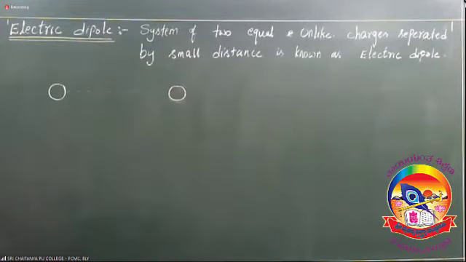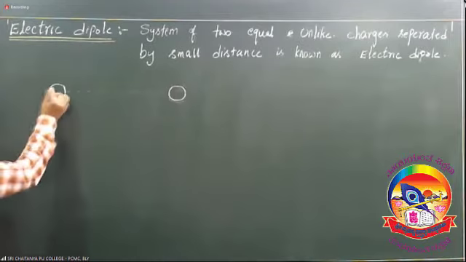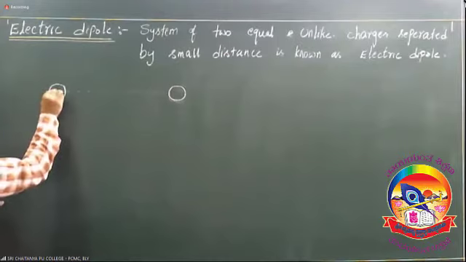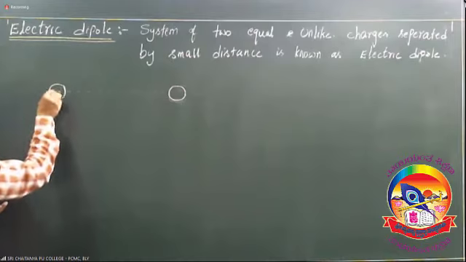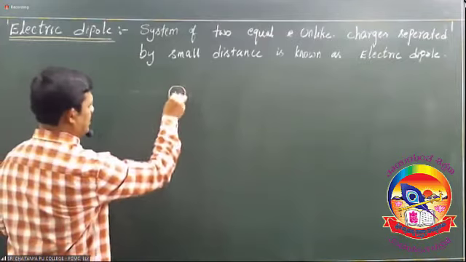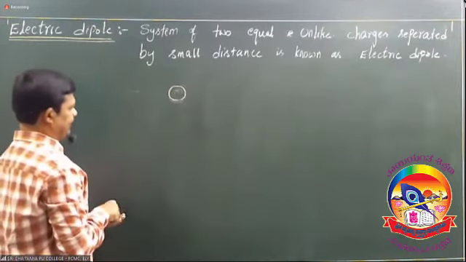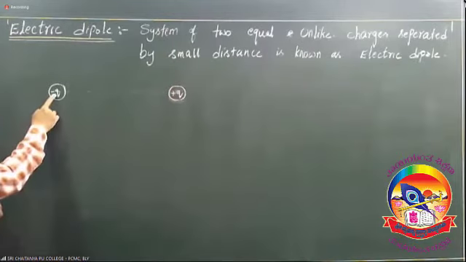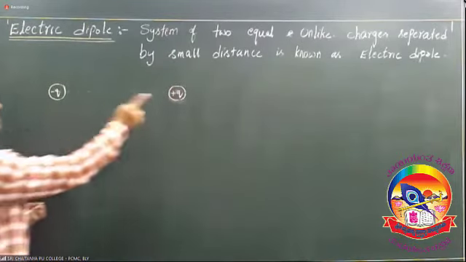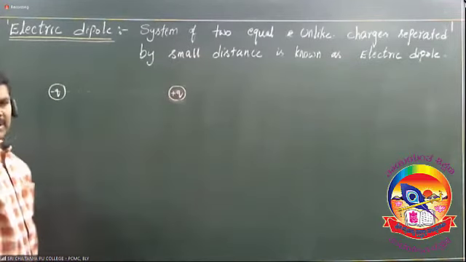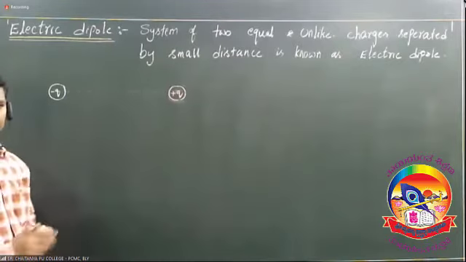This charge is minus Q. This charge is plus Q. If you see this, its magnitude is Q. Its magnitude is Q. Two equal, that is the meaning, equal magnitude.